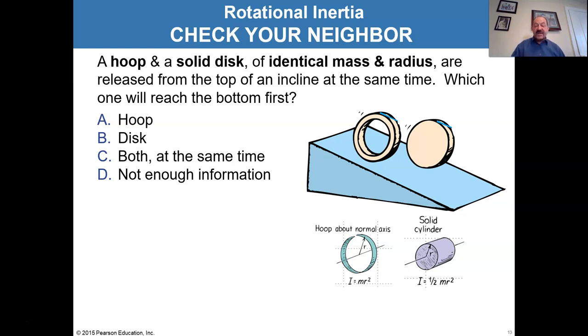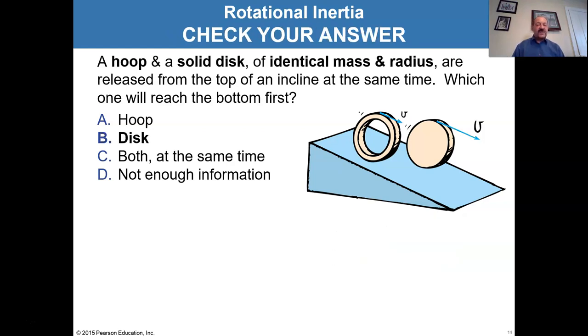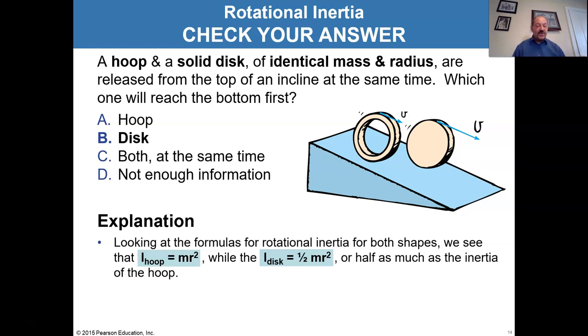So you can see that if they have the same m and they have the same r, the cylinder, in this case the disk, has exactly half the rotational inertia of the hoop. So the disk will reach the bottom first because it has less rotational inertia. If we compare the two formulas, it has half the rotational inertia of the hoop.